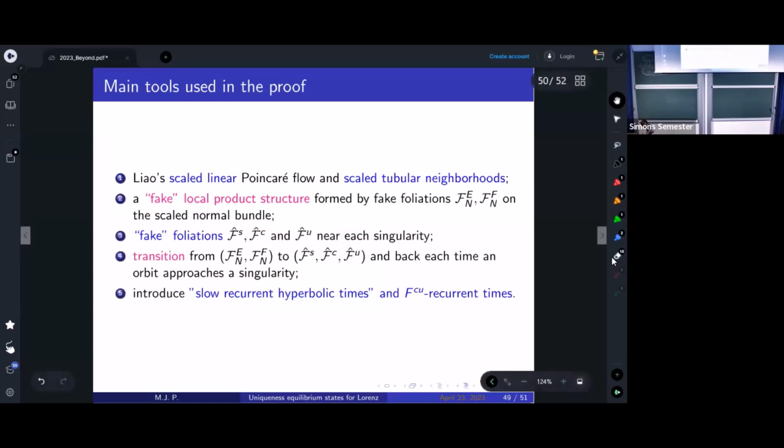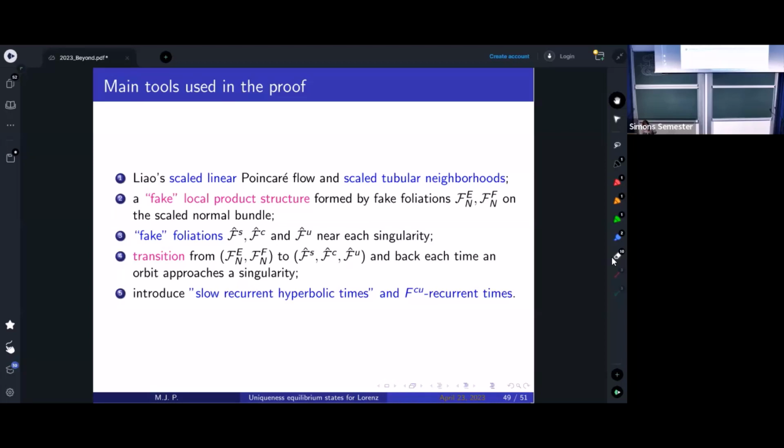The main tools used in the real proof are the rescaled linear Poincaré flow and rescaled tubular neighborhoods. This is a way to bypass and to try to make the right estimates in a neighborhood of the singularity, and a fake local product structure formed by fake foliations, because you don't have invariant foliations. The splitting is not hyperbolic, but just dominated.